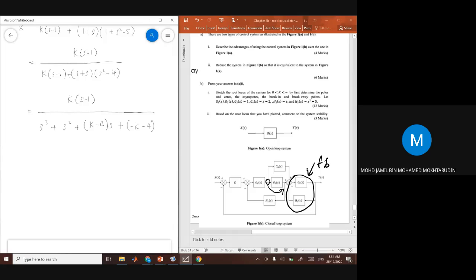Okay, so determine the poles. So poles when k equals 0.